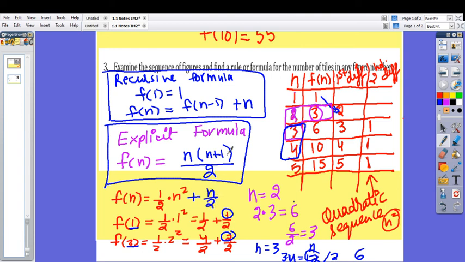If we multiply this inside, it becomes n squared over 2 plus n over 2. If you put these two together, that will also become n squared plus n, divided by 2.